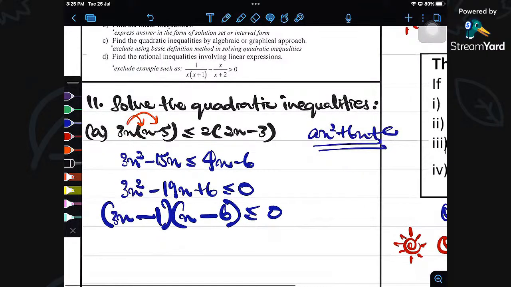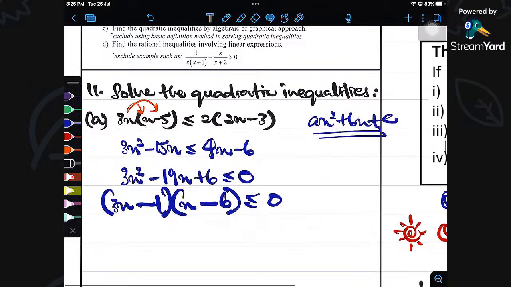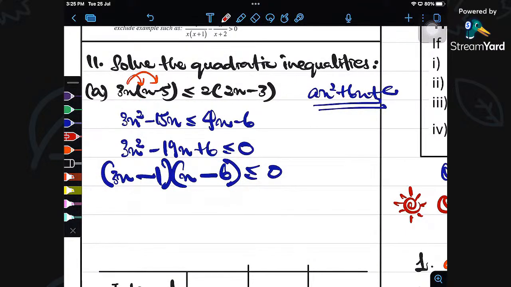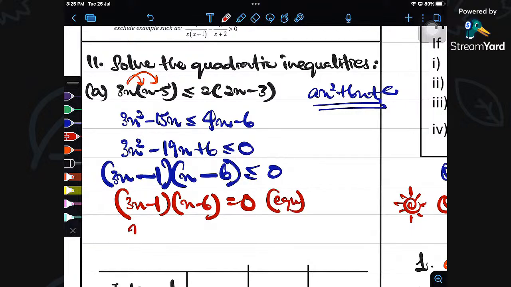Okay. So now, how do we solve quadratic inequality? Sedangkan kita hanya belajar sebelum ni, kita pernah belajar sebelum ni adalah equation saja, betul tak? Bila ada equation, kita terus boleh cari x is equals to 1/2, 1/3, or x is equals to 6.